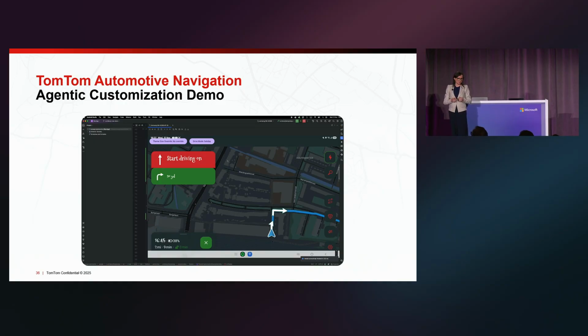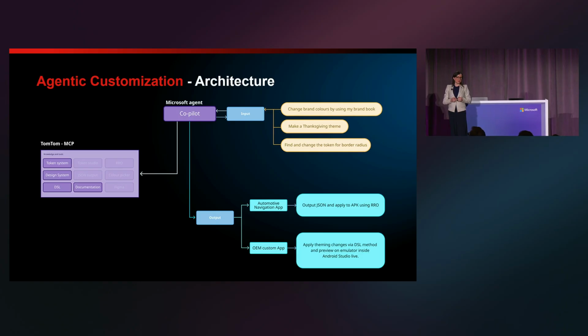And if we look at the architecture behind this, what you're seeing on the left is our own MCP server and all of the information that we have fed it. So our token system, our design system, all of the documentation around the app behavior.